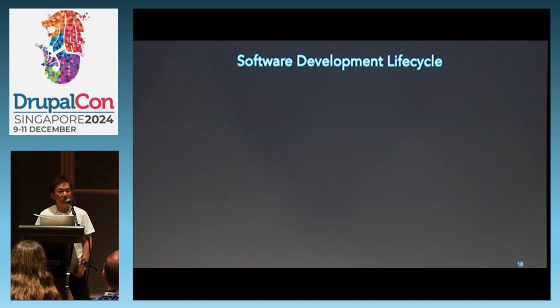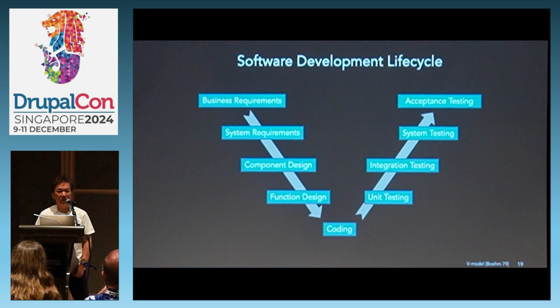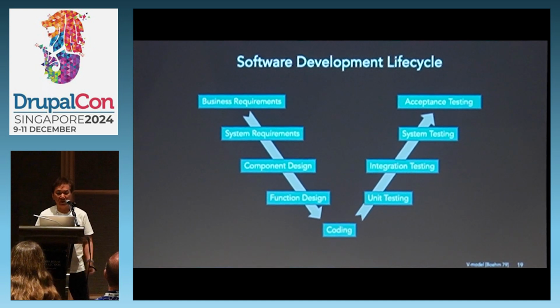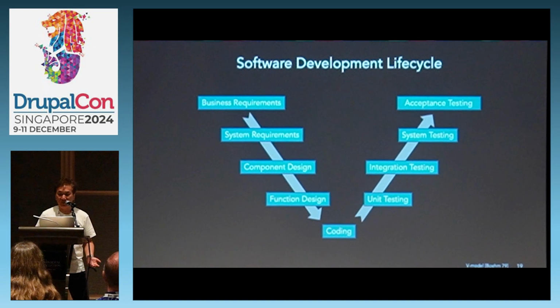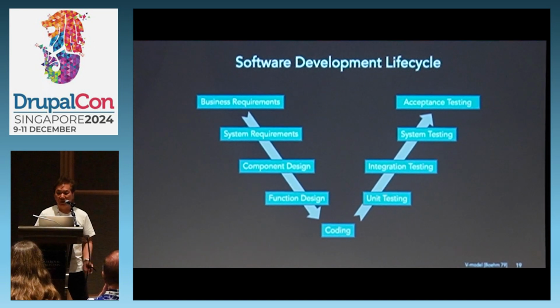To understand the position of design, coding, and testing, I'll introduce this V model for SDLC, which stands for Software Development Lifecycle, because it is easy to explain the relationships among the design, coding, and testing phases.